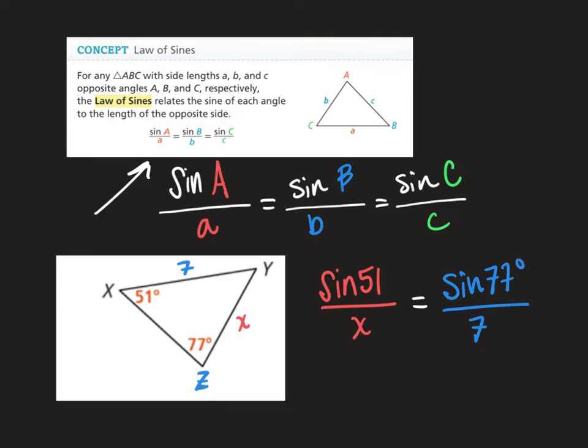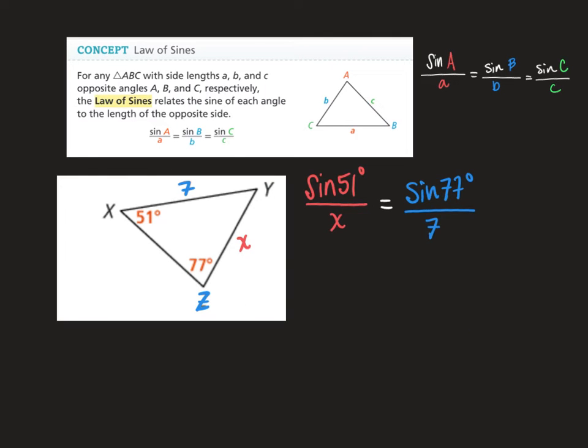Then all we do is cross multiply. And we will use Desmos or some form of calculator to calculate the sine of 51 and 77. So I would do all of the algebra first here and then use the calculator at the very end to do the calculation. So let's see what that looks like.